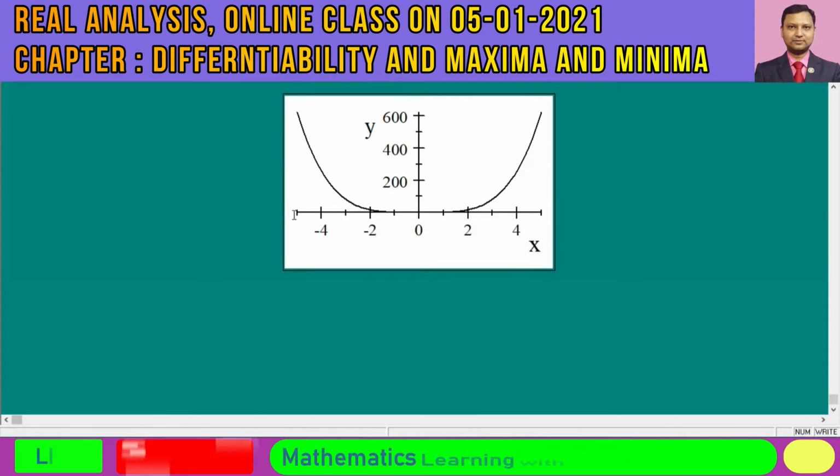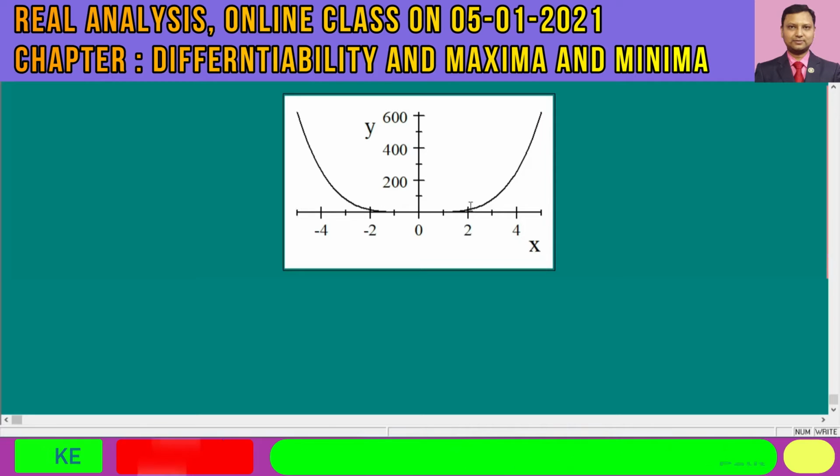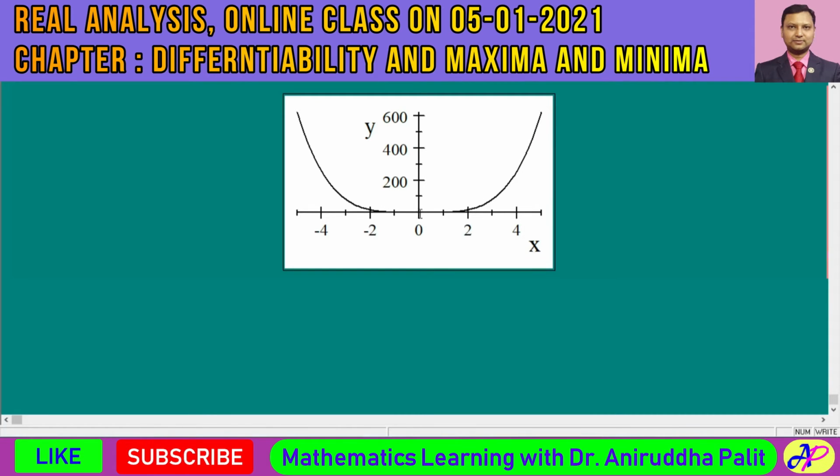It plots from minus 5 to plus 5, and at the point x equal to 0, it appears that the graph is minimum.